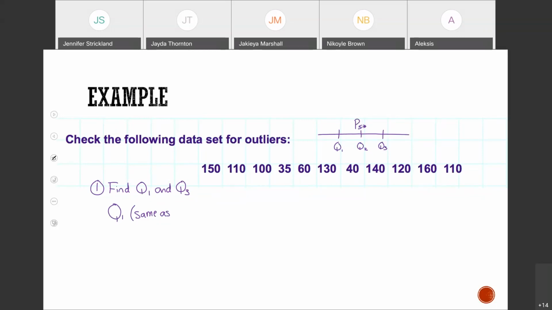Okay, so this is the same as the 25th percentile. I've got to know that, and then I can use my formula to figure out what Q1 is. Your formula is N times P over 100.